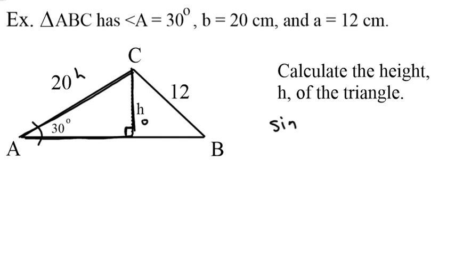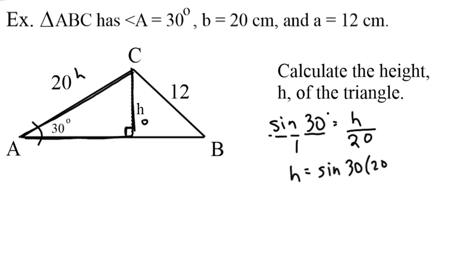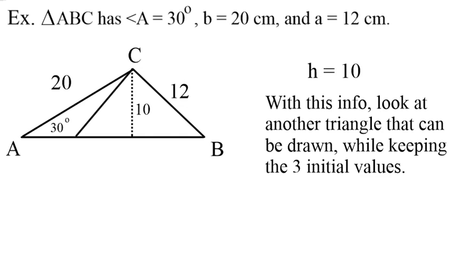So we would do sine 30, opposite H over hypotenuse 20, cross multiply. We reviewed this in the past. So H will equal sine 30 times 20, and H works out to be 10. So I hope that makes sense. But here's why it's important.